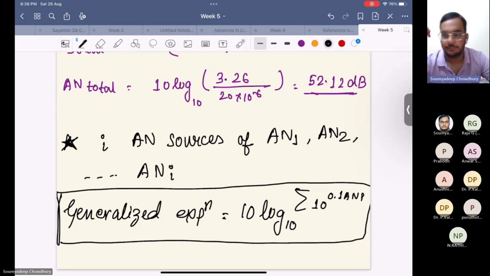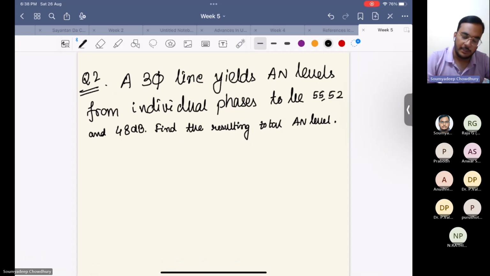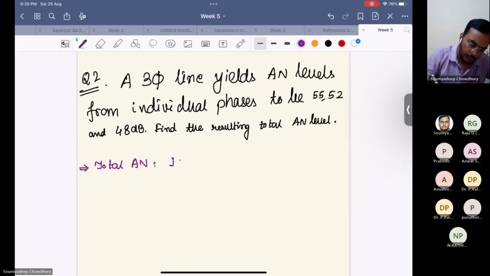Anyone got the answer? So, Mr. Purushottam, if I apply the total audible noise equation, what will the equation be like? Sir, 10 log 10, 10 to the power of 0.1 into 150.